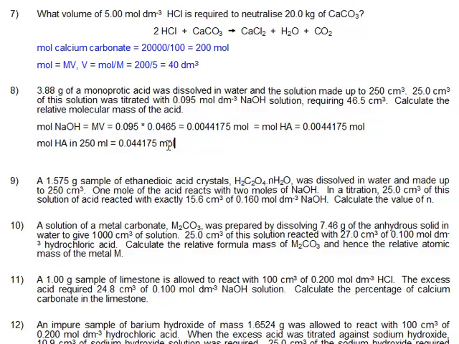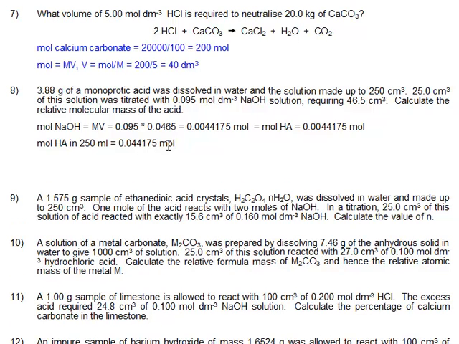Now we're given the mass, and we know the relationship between moles, mass and relative mass. Moles equals mass over relative mass. We want the relative mass, so we make that the subject of the equation. Relative mass equals, take it to the top, the mass over the moles.